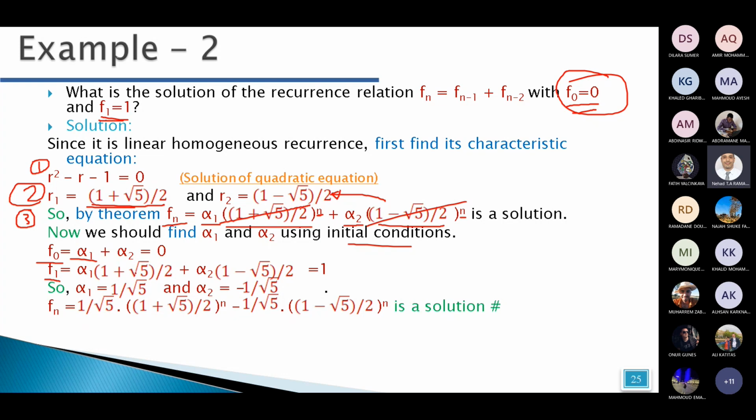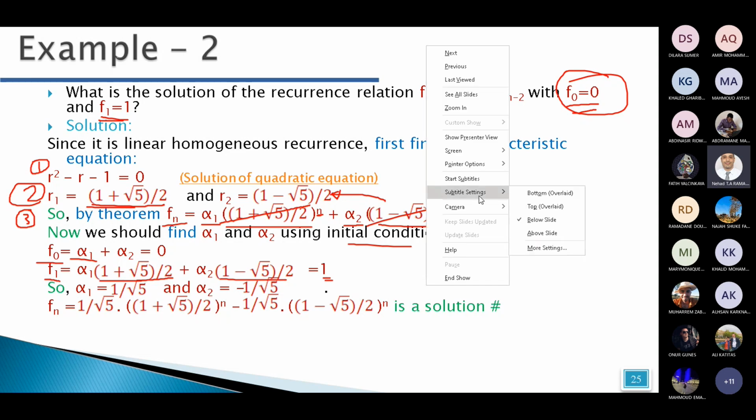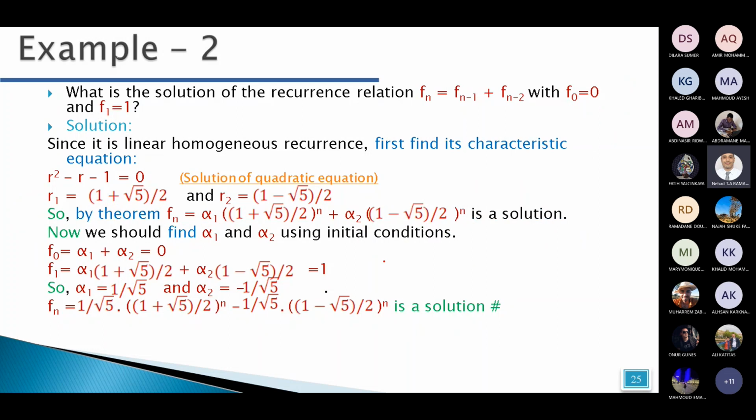Now f1, same idea. Power 1 means we take it as it is, so alpha 1 multiplied by the first solution plus alpha 2 multiplied by the second solution equals 1. When you solve these two equations together, you can subtract the equations, or you can simply say from this one, alpha 1 equals minus alpha 2.